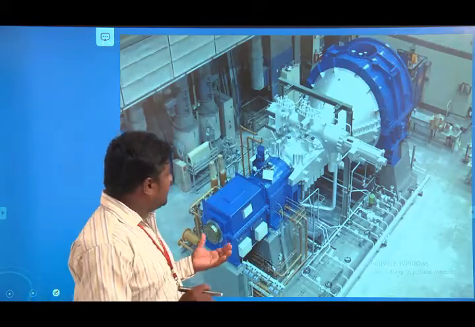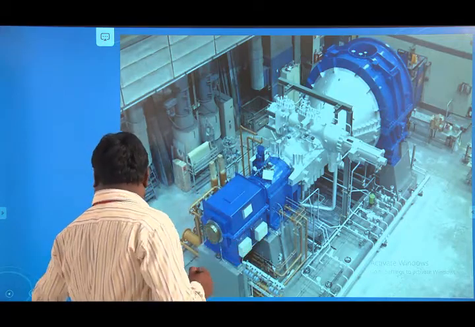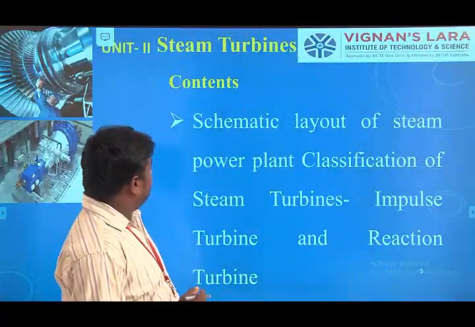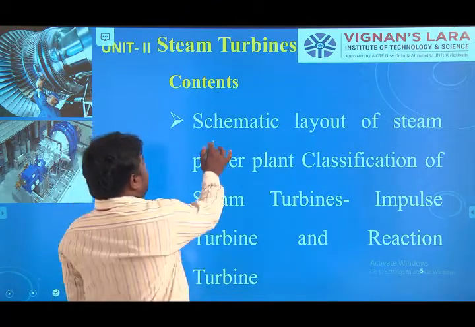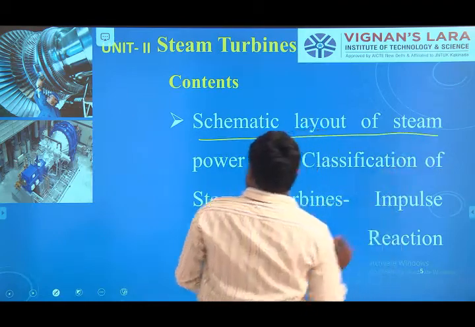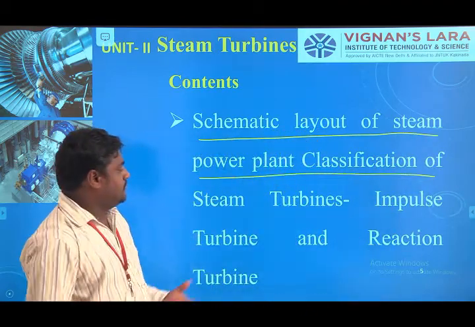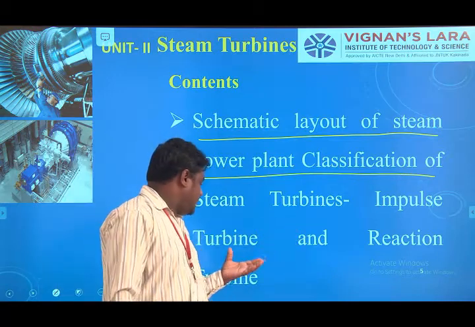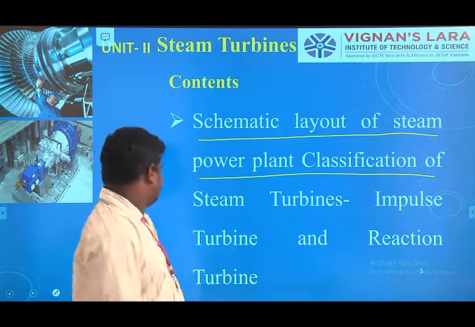Next, this is the systematic layout of the power plant. Today's class covers the systematic layout of steam power plant and the classification of steam turbines, impulse turbine and reaction turbine.